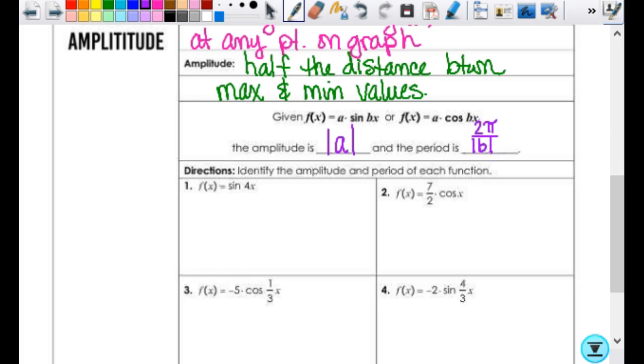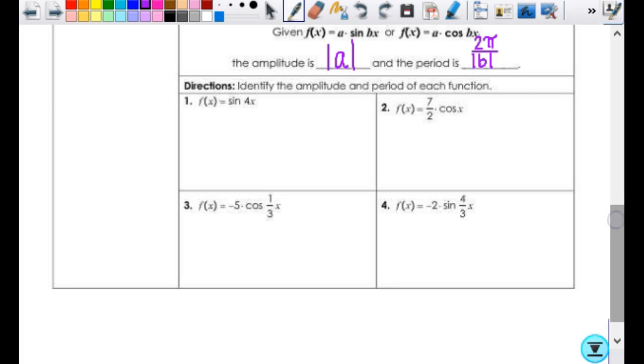Okay. So the first thing we're going to do is just to identify the amplitude and the period of each function, which is like saying identify the vertical stretch or compression and the horizontal stretch or compression, which we've done 5 million times already. You've been doing it since Algebra 1. So there is no A, or A is 1, basically, and so your amplitude is 1. The B is 4, so the period is 2 pi over 4, and when you reduce that, you get pi halves.